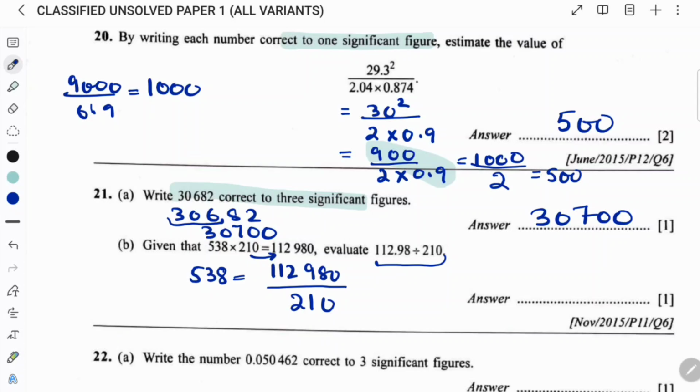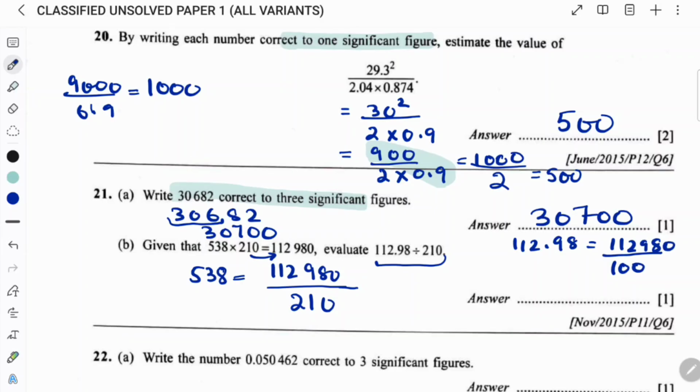Now we want 112.98, which means 112,980 divided by 1000.